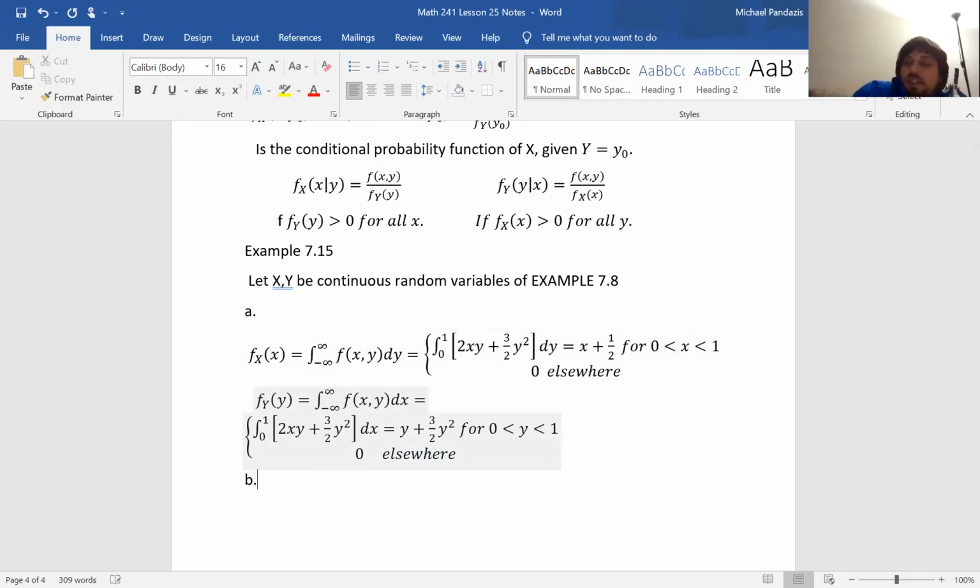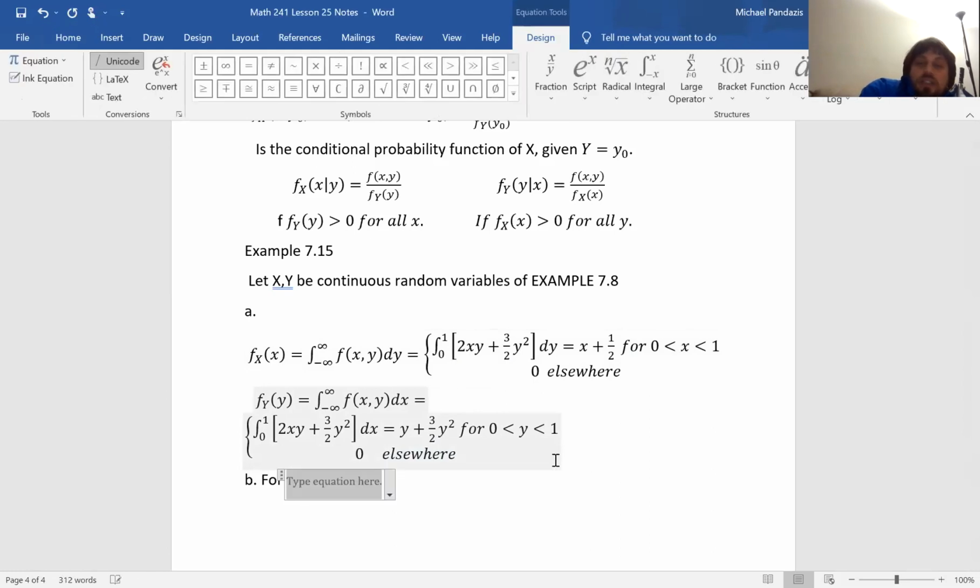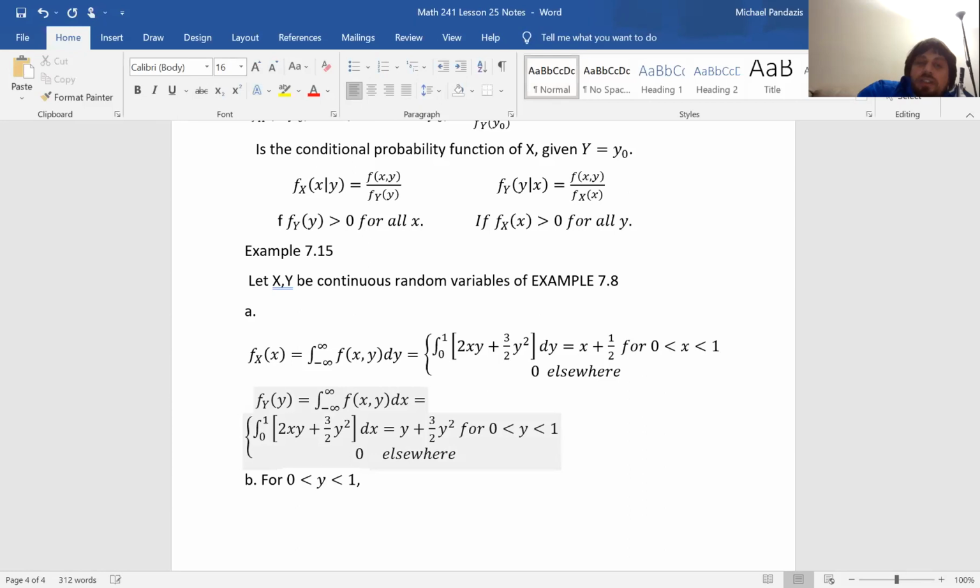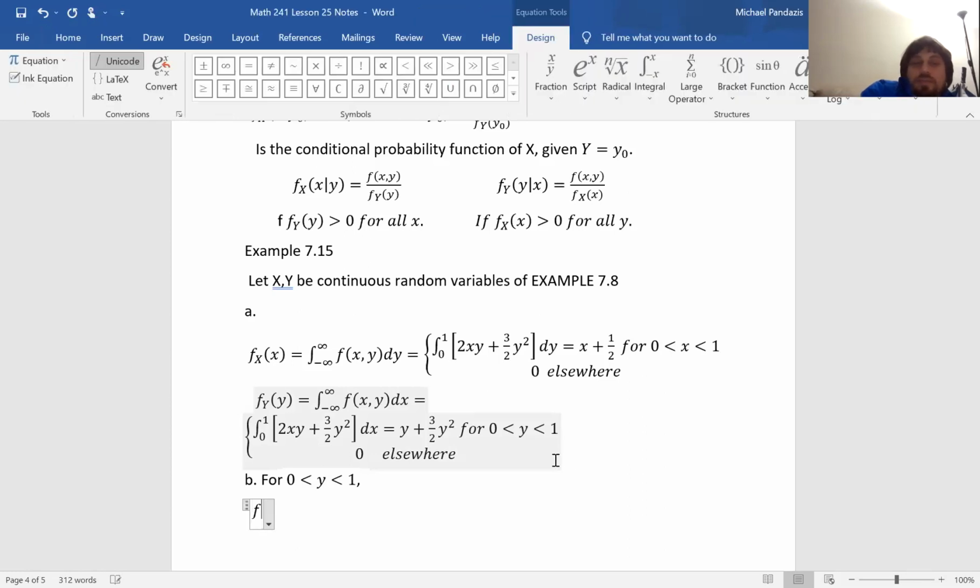And then for B, for 0 less than y less than 1, we have f sub x given y, which equals f of x comma y divided by f sub y of y.